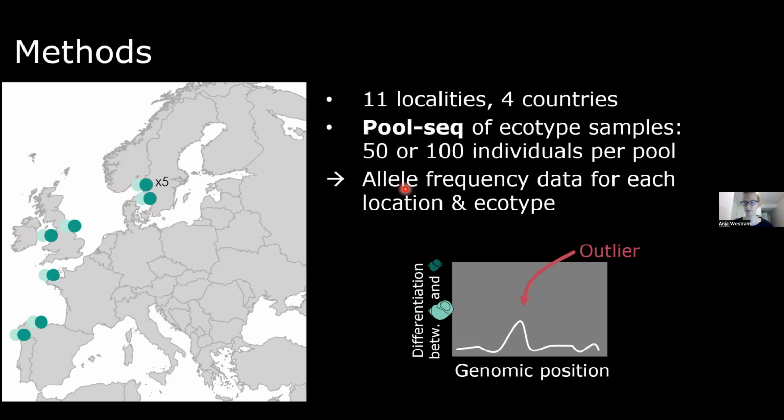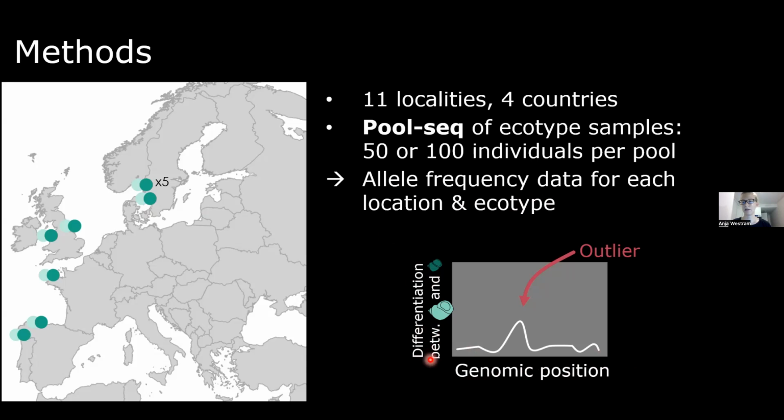As I said, we couldn't use the hybrid zone analysis approach here, but we could do a standard genome scan approach, because we have the allele frequency data for all these samples. I'm not going to go into detail here, and many of you probably know this already. But what you do in a genome scan approach is basically you just look across the genome at the differentiation between those samples you're interested in.